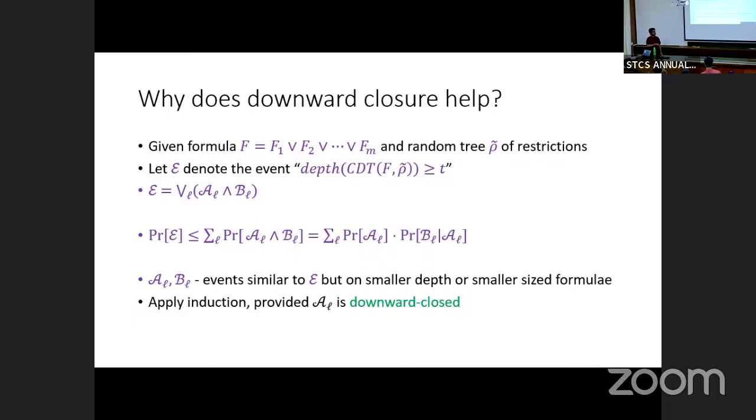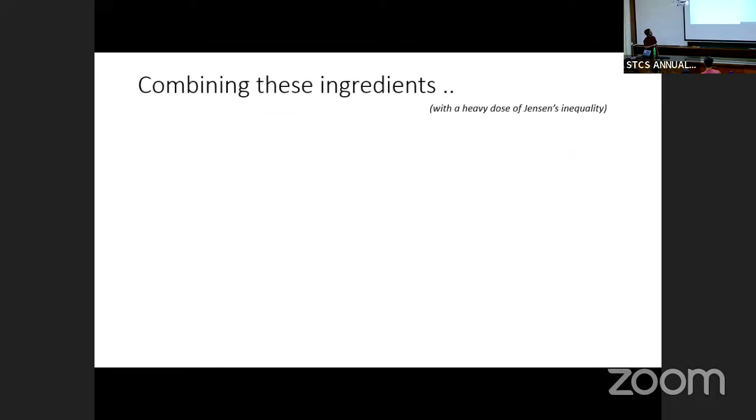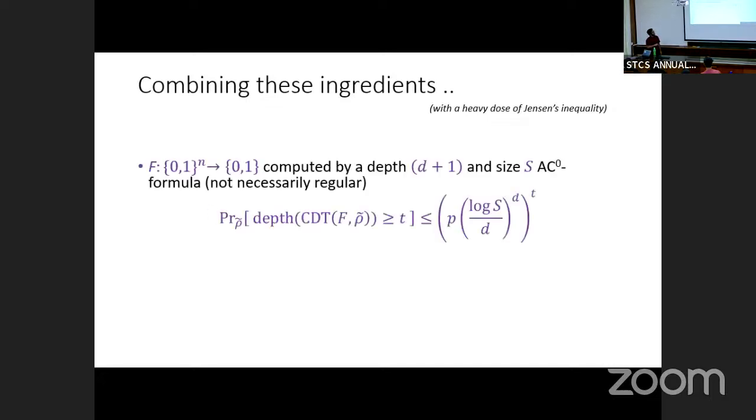It's a stronger theorem, but this condition actually helps. So combining these ingredients with a heavy dose of Jensen, I think 3 times we use it, this is our main lemma: the probability that the depth is at least t is at most p times this criticality that we found, log s by d to the b, times t to the p, equivalently level.